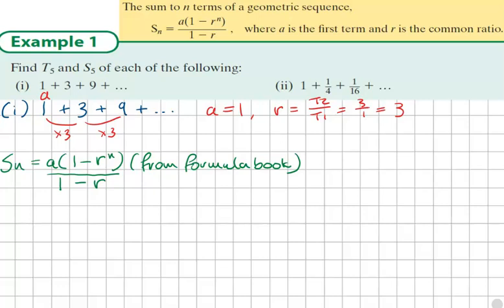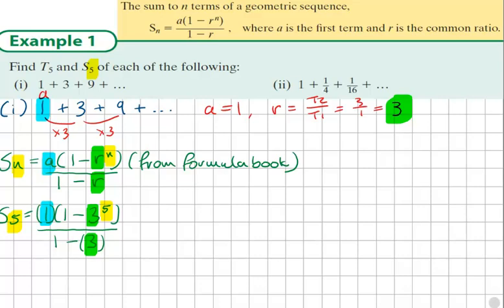Okay, so now to find S5, so the sum of the first 5 terms. So we're going to use our Sn formula from the formula book. So that's a times 1 minus r to the power of n all over 1 minus r. So no need to learn it off. It's in the formula book. Subbing into the formula, we're looking for S5. So we swap a for a set of brackets and put 1 into it.